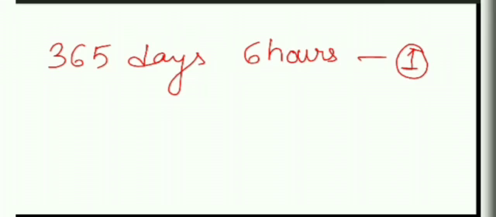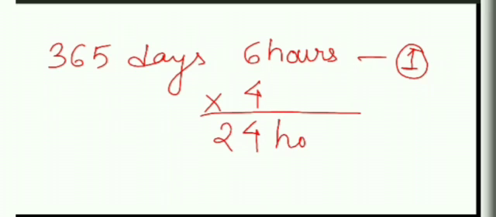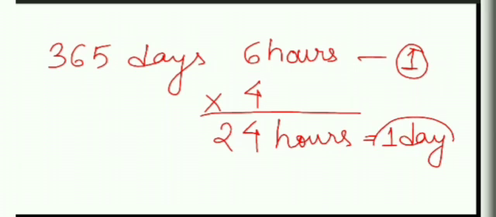then after 4 years, if we multiply this 6 hours into 4, then we will have 24 hours, which is equal to 1 day. And this extra day is added in our calendar in the month of February.